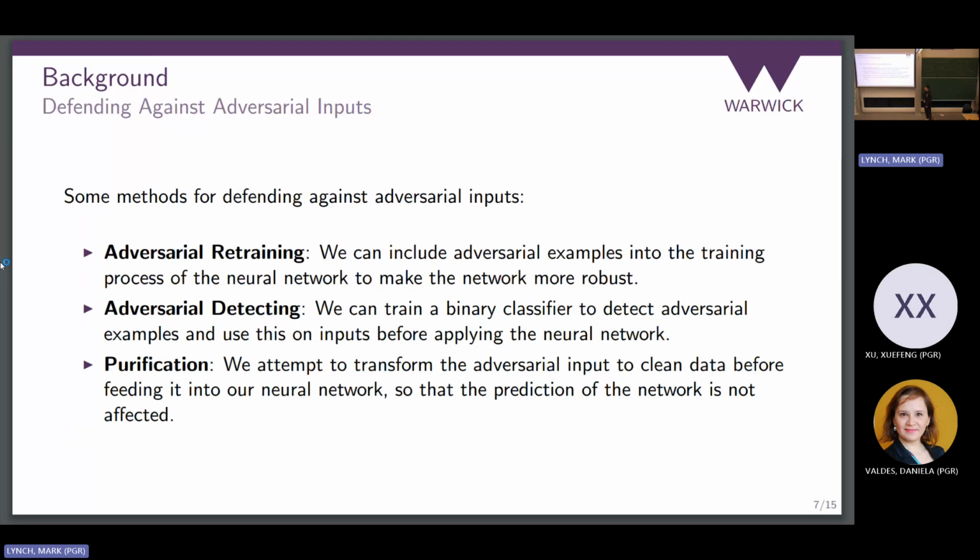What we do here is attempt to transform the adversarial input to clean data before feeding it into our neural network, so that the prediction of the network is not affected. This has the benefit that we can still classify our input, because we essentially recover the original image given the adversarial image.